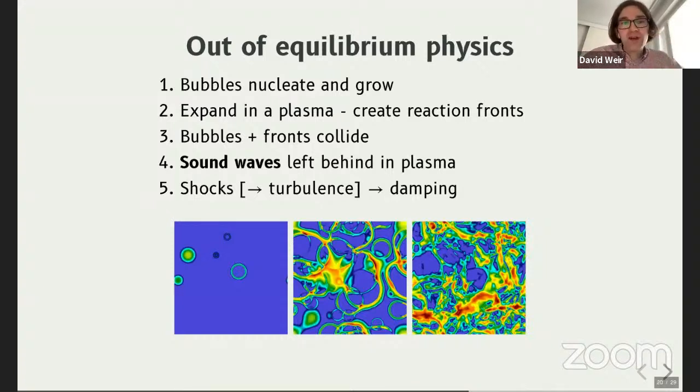So again, this is what you put on a t-shirt if you were doing this for a living, I think. And there are 3 stages here which produce gravitational waves: the initial collisions of the bubbles, and also potentially the reaction fronts; the production of the sound waves, and the sound waves kind of piling on top of each other; and then potentially a motion of the plasma, but a more turbulent motion, or a more shocking motion of the plasma later on.